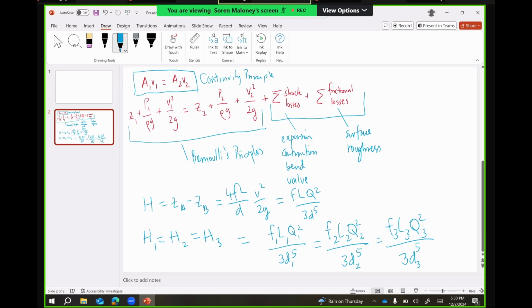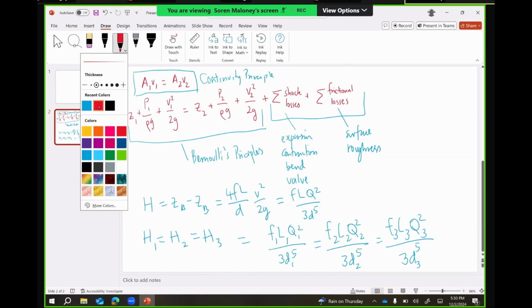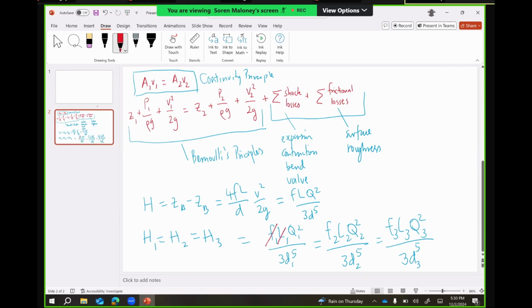Then I can eliminate these, because the question says all the F's are the same and all the pipe lengths are the same, and they cancel out. We can eliminate the threes as well. And they give you the diameters, and you substitute that.